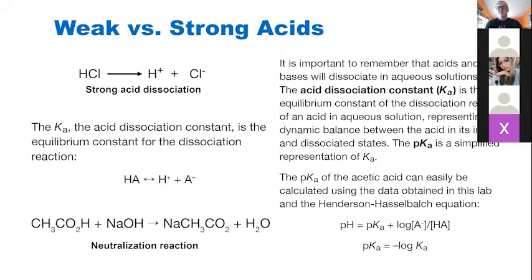But what does that mean? In more simple terms, what's the difference between a weak and a strong acid? If you wanted to tell someone who knew nothing about chemistry or pKa's, what would you tell them?